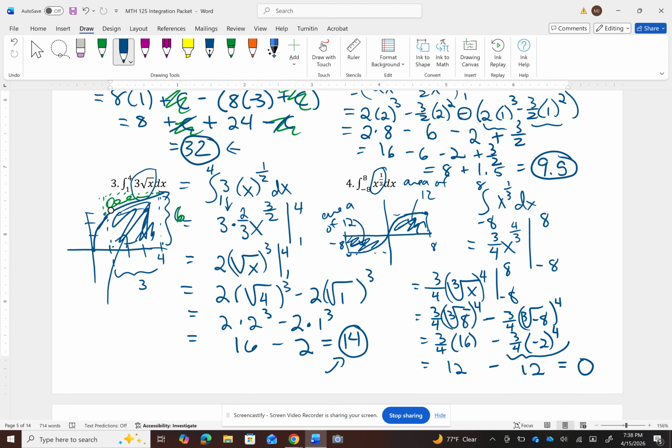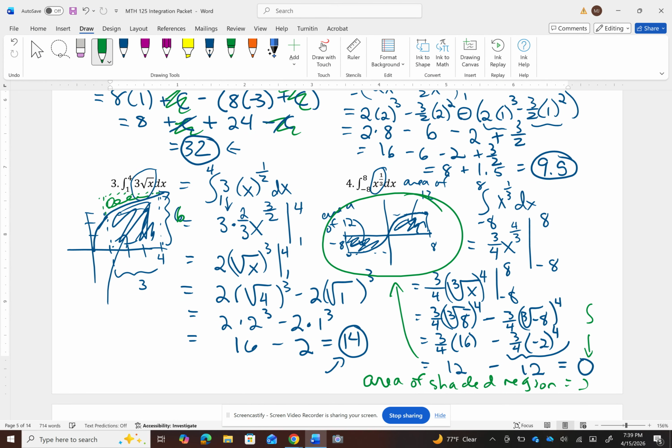But what the integral does, when the integral sign is on it, it's giving the net area. So these regions that are below the x-axis, you wind up having to subtract. And that's why we wound up having 0 at the end. So this is the answer to the integral question. But if they asked us for the area of the shaded region, if they gave us that picture and they wanted the area of the shaded region, it would equal 24.